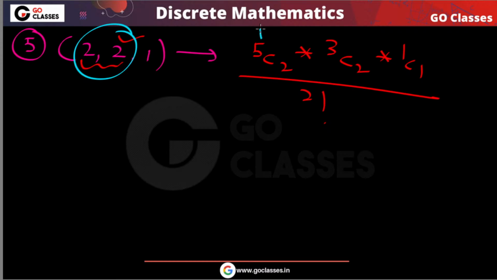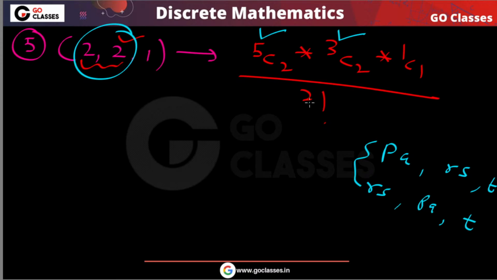Who 2 are together, from the remaining 3 who 2 are together, and we are dividing by 2 factorial, because we don't want to do the double counting. Here we have 2 2, so we don't want to do this type of counting. So that is the reason we are dividing by 2 factorial.